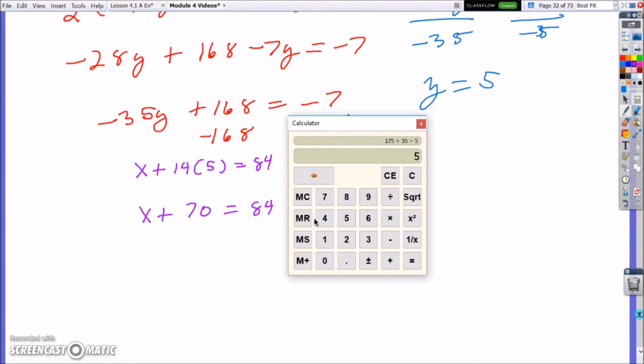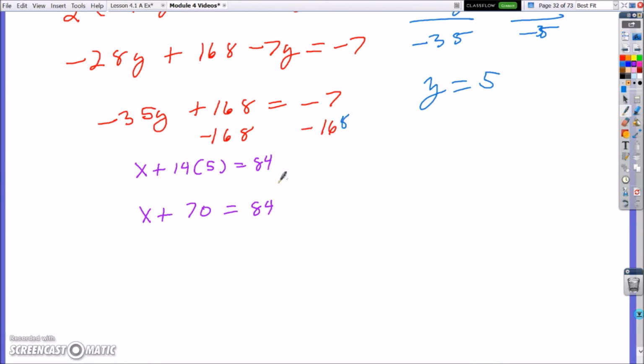Let me just confirm my math is correct there. 14 times 5 is 70. Okay. So I'm going to subtract 70 on both sides to get x is equal to 14. And then I'm done. So the point of intersection between these two linear equations is 14, 5.